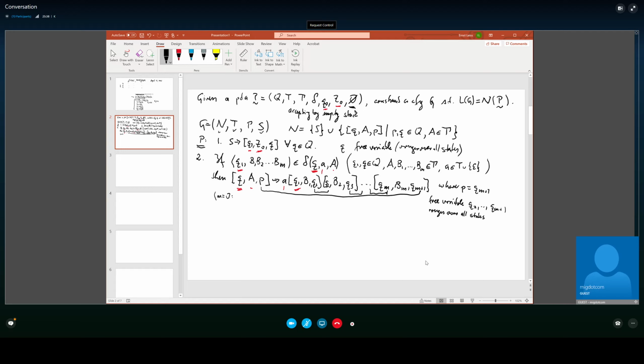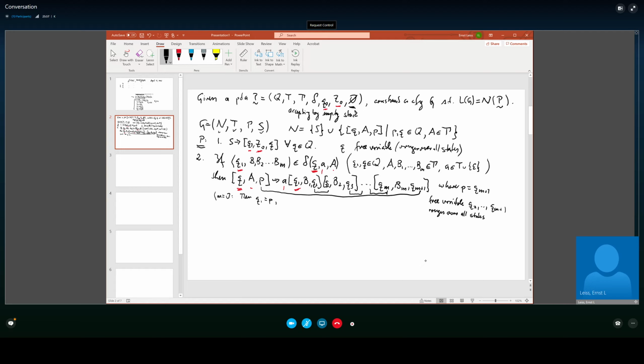And so if m is equal to 0, then we have a special case. Then that means Q1 is P, because we don't get any further.